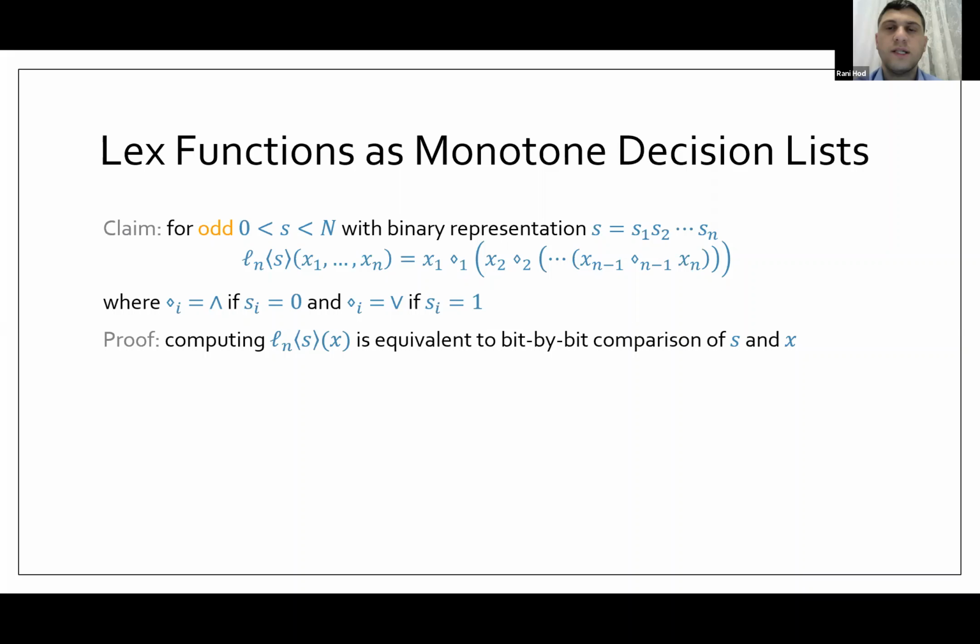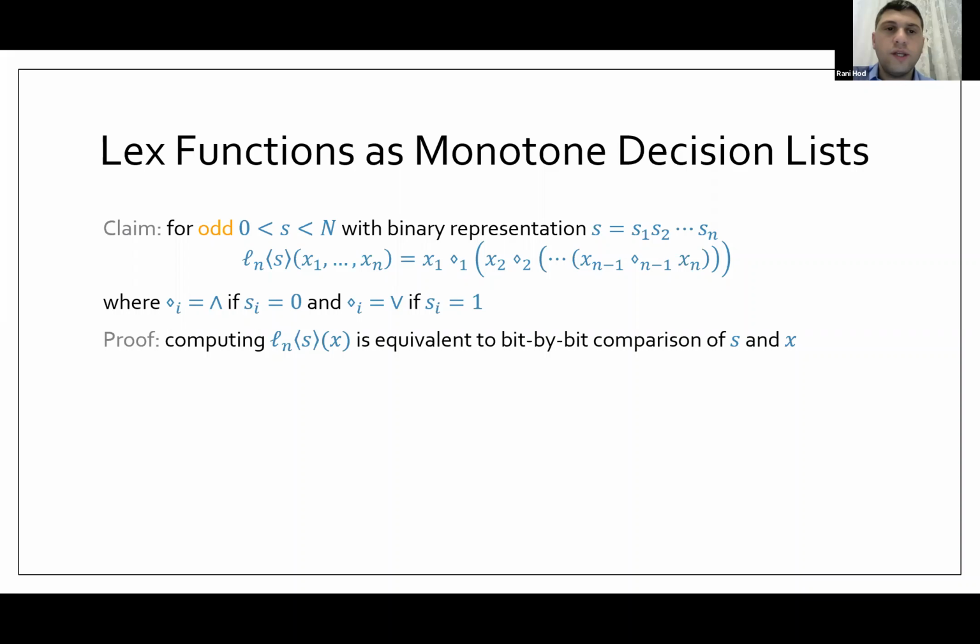That would tell us whether we should output true or false. And this comparison is being done from the most significant bit until we find a mismatch. And once we find a mismatch, then we know what the value of the function should be.